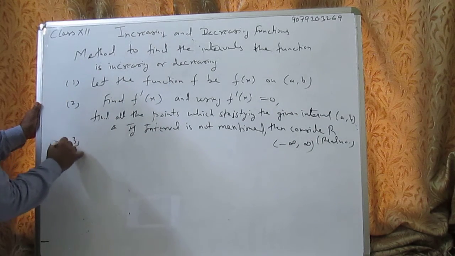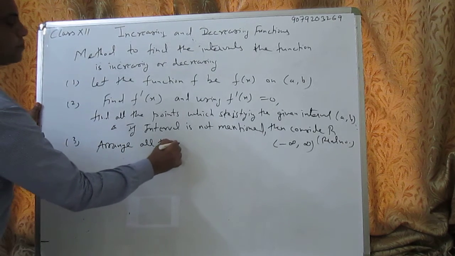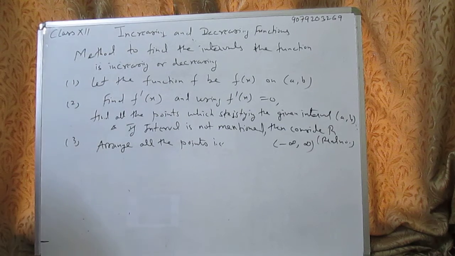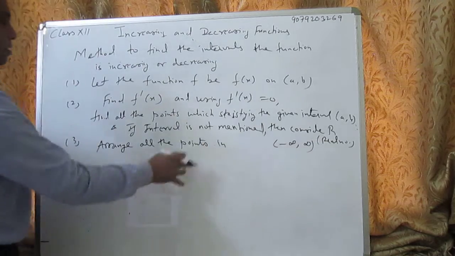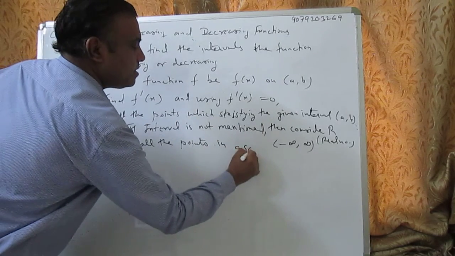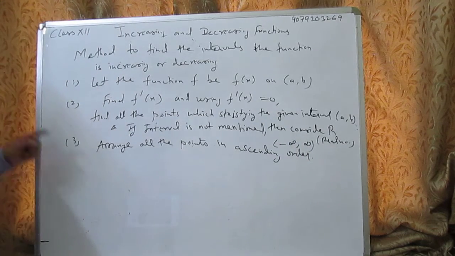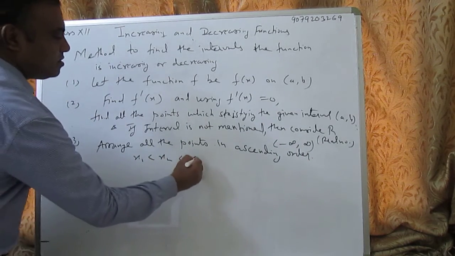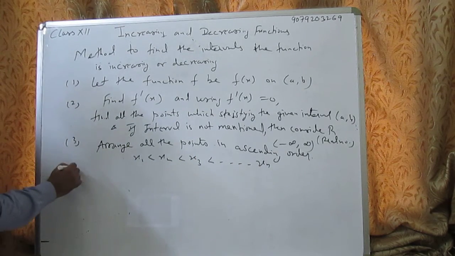Now third point, arrange all the points in ascending order, that is x1, x2, सारे points को ascending order में, xn.